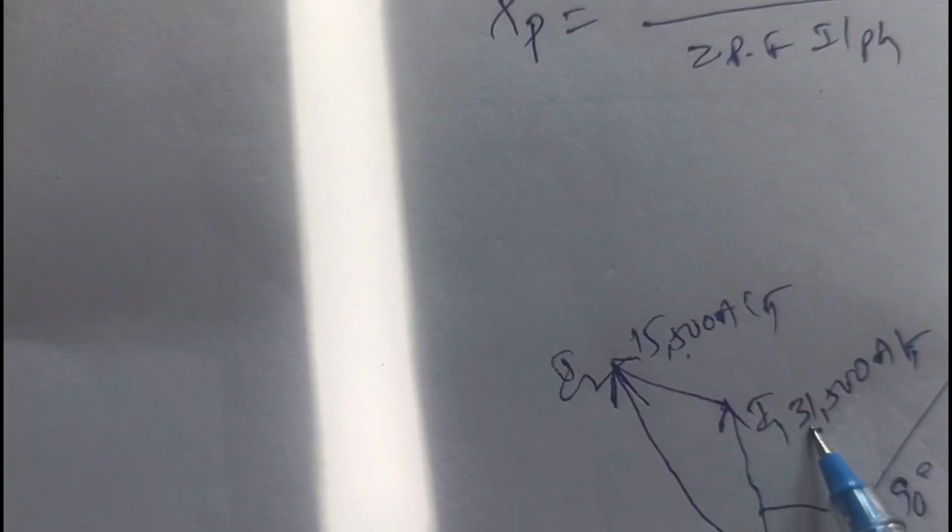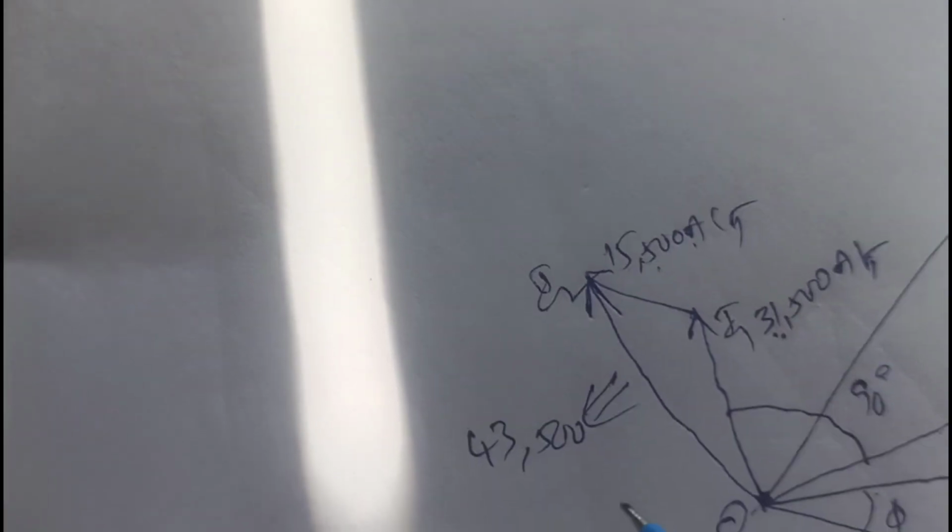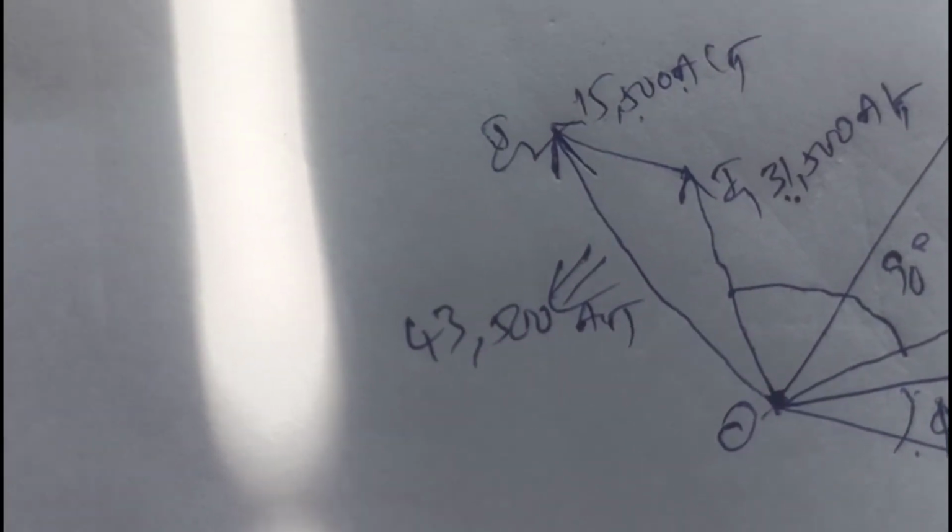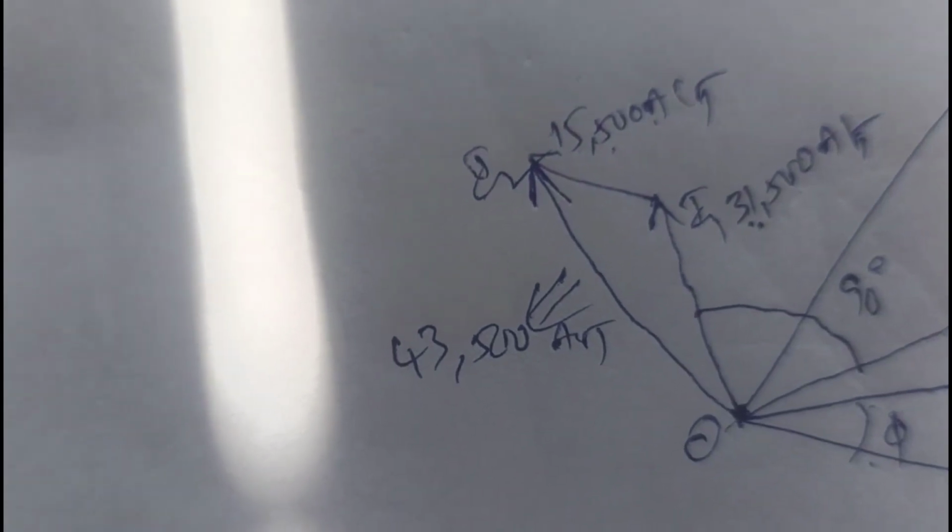The resultant between 31,500 and 15,500 gives one more point, called I2. Finally the resultant between 31,500 and 15,500 is about 43,500 ampere turns.